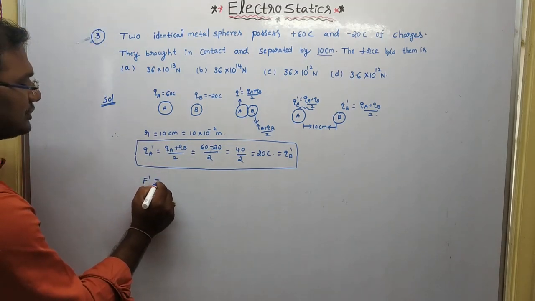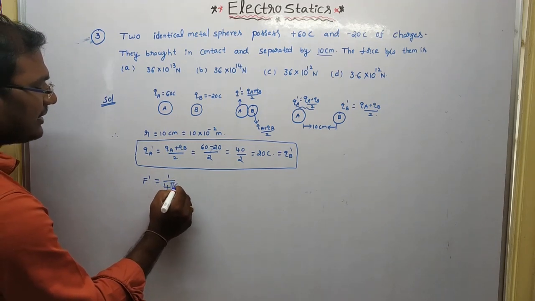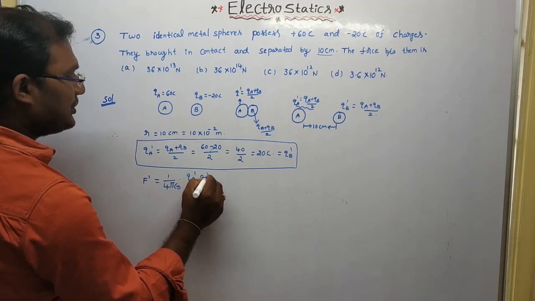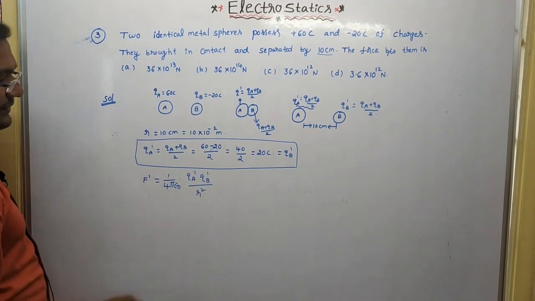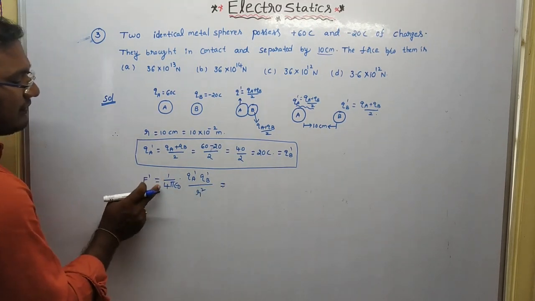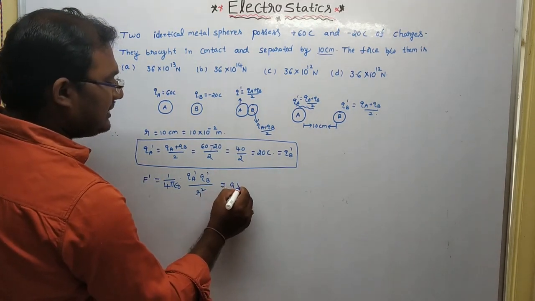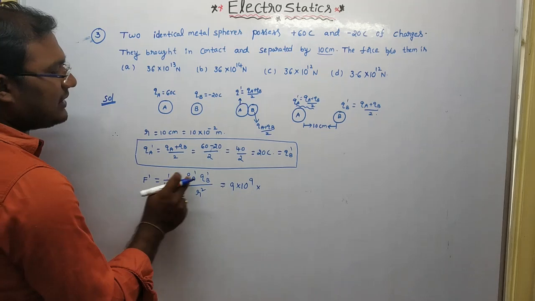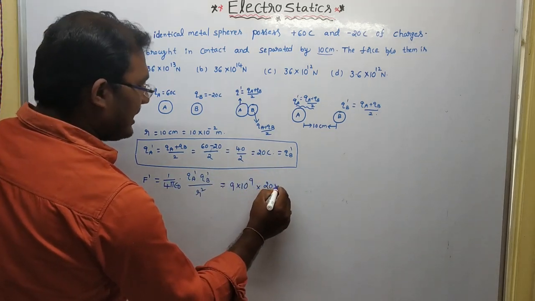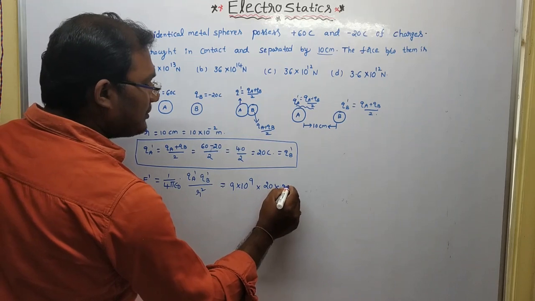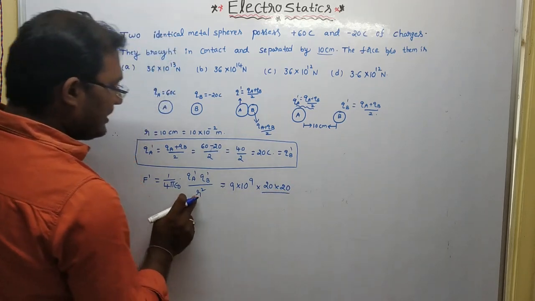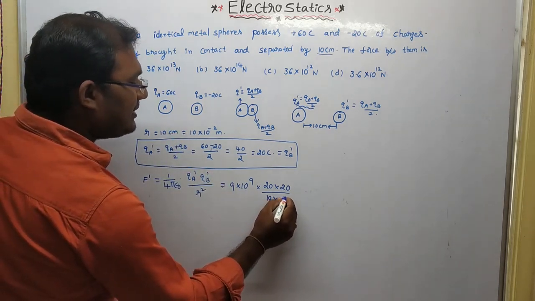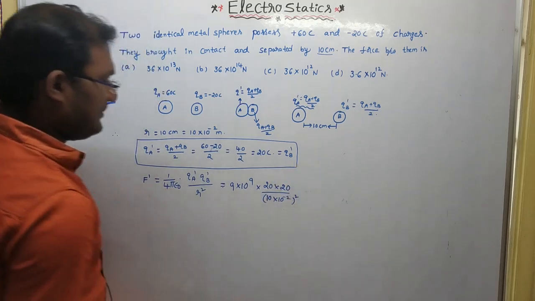F dash equals 1 by 4 pi epsilon naught into QA dash into QB dash by R square. The value of 1 by 4 pi epsilon naught is 9 into 10 power 9, into QA equal to 20 coulombs, and QB equal to 20 coulombs, divided by R, which is 10 into 10 power minus 2, whole square.